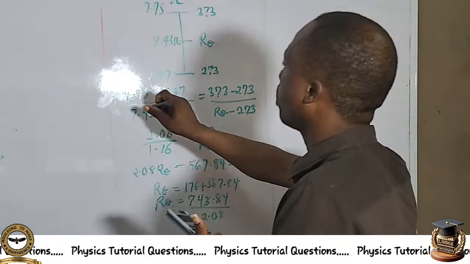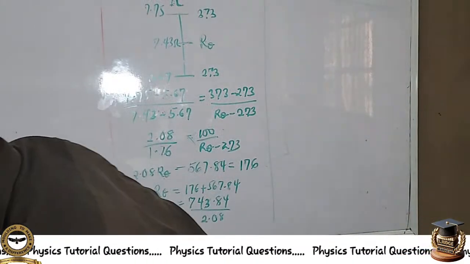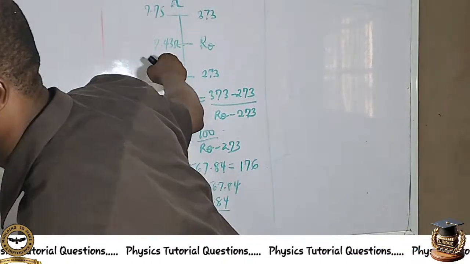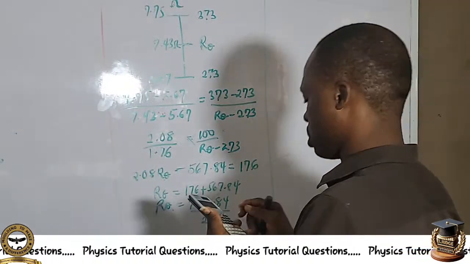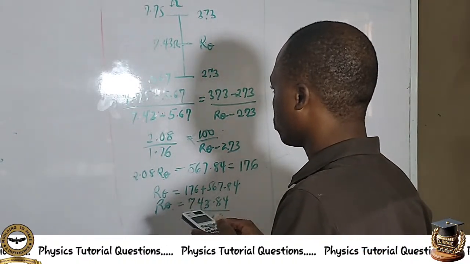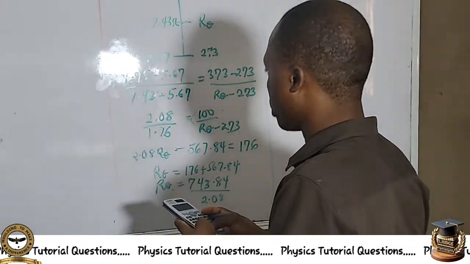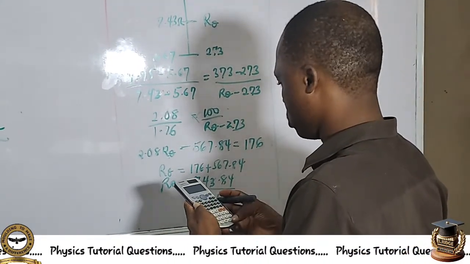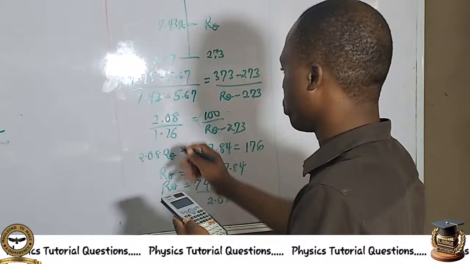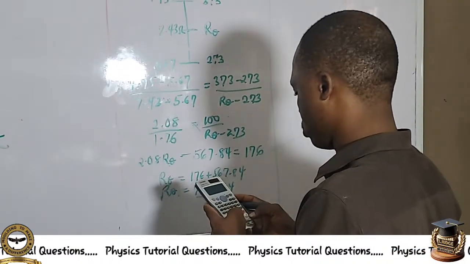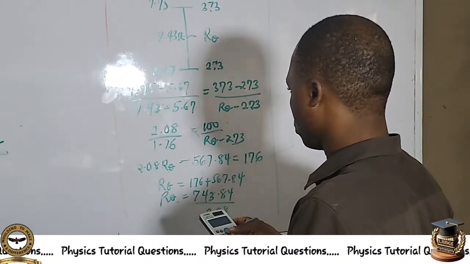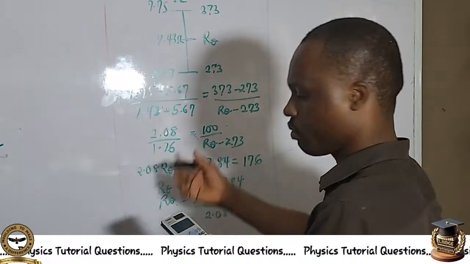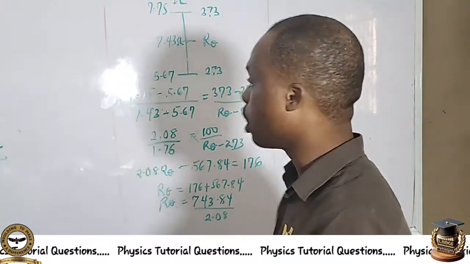Let's check these values very well. 7.75, then 7.43, okay, 5.67. So 7.75 minus 5.67 equals 2.08. I can even do it another way.